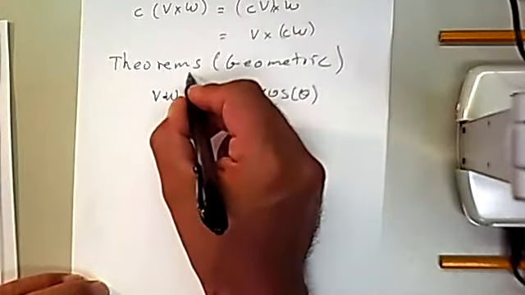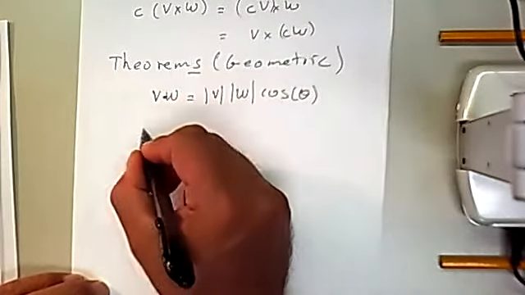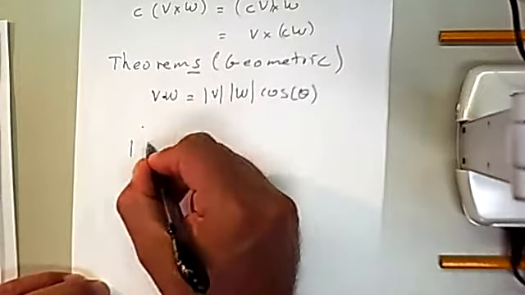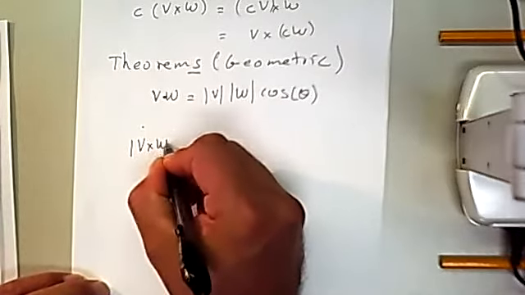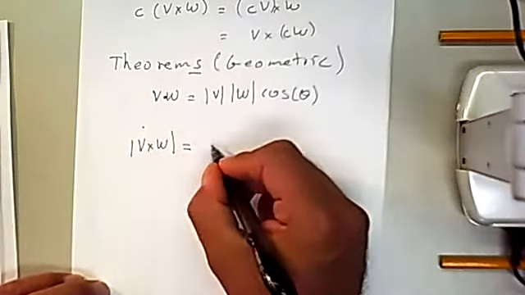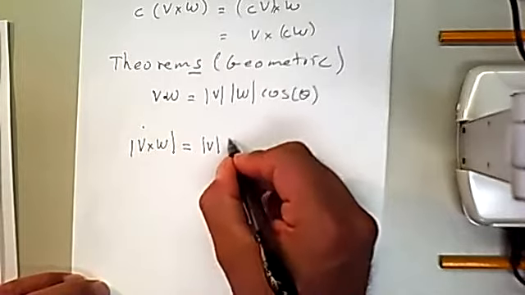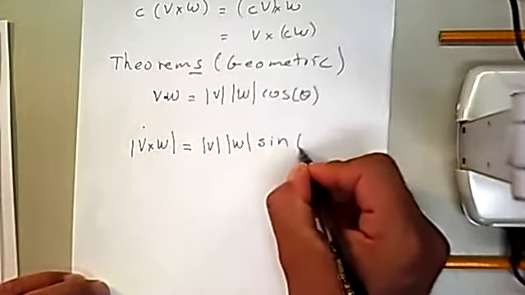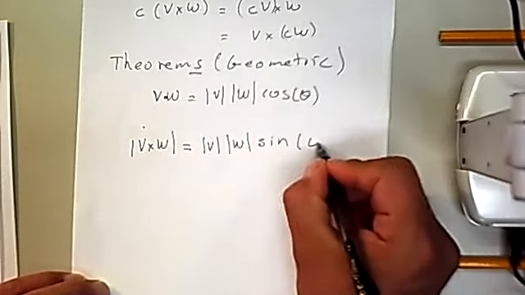So we have two theorems. The magnitude of V cross W is the magnitude of V times the magnitude of W times the sine of theta.